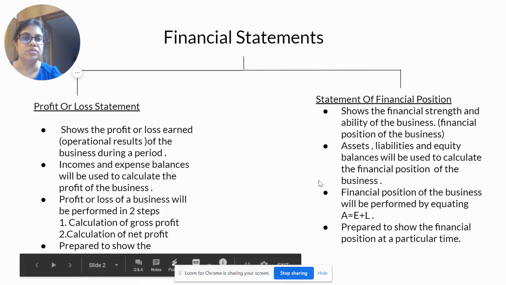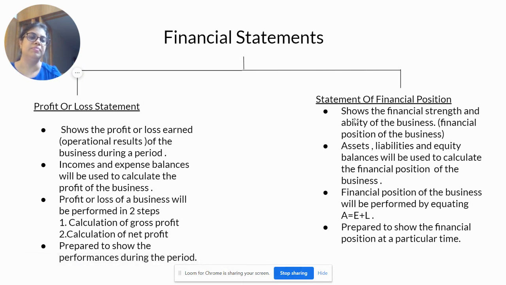When we move on to the statement of financial position, the main objective of preparing the statement will be to show the financial position of the business, as it is mentioned in the name itself. This financial position of the business means, in simple terms, the financial strength and ability of a business.